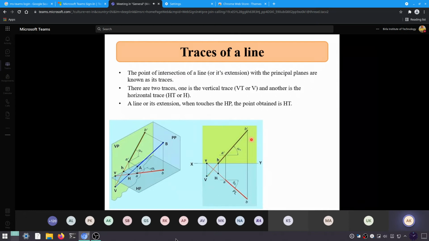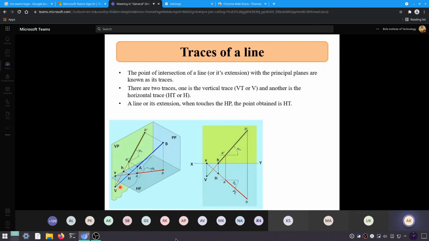So here we have shown one case of a line which is inclined to both the vertical plane and the horizontal plane. So you'll get both horizontal trace and vertical trace, right? So you got how to find the value of capital H and capital V, right?